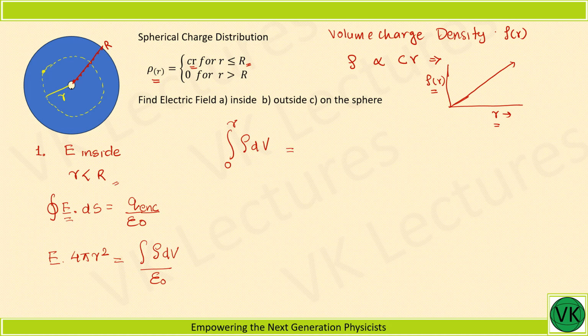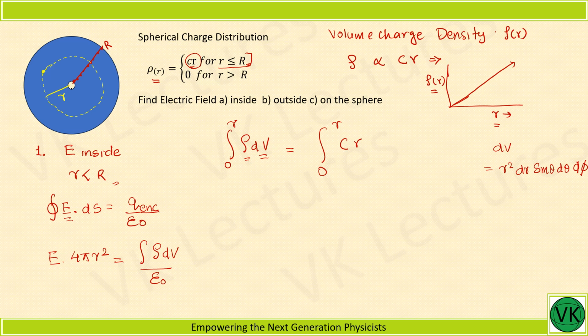So what is rho inside? For r less than or equal to capital R, rho is equal to cr. So the integral from 0 to r of cr dv. In spherical polar coordinates, dv equals r squared dr sine theta d theta d phi.